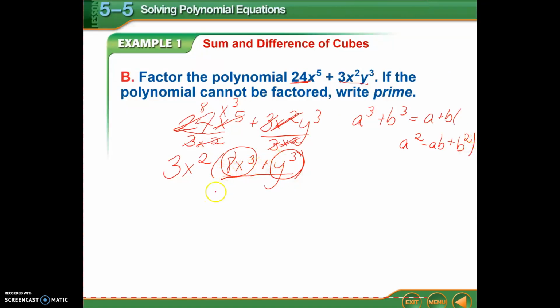The cube root of 8x cubed is 2x, so this is my a, and this is my b, y. Then I need a squared, which is 2x squared, so 4x squared, minus a times b, so I multiply these two terms, 2xy, plus b squared.